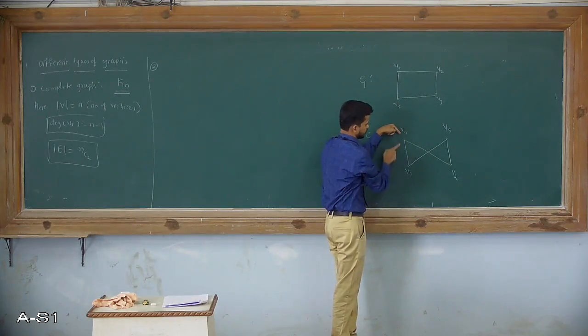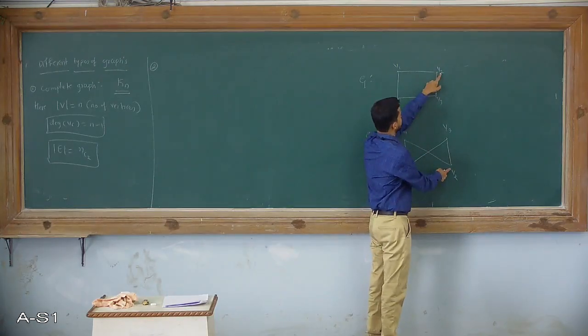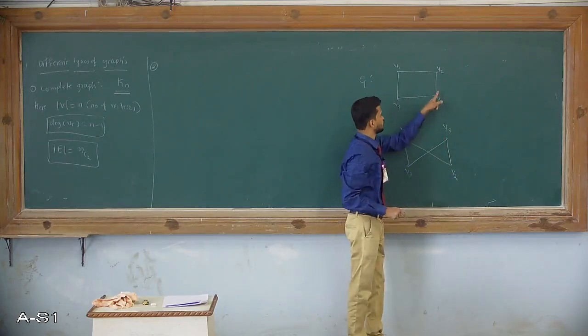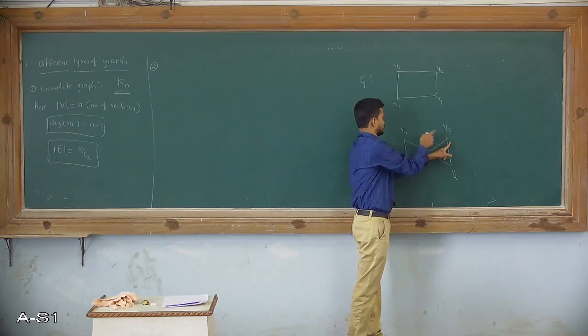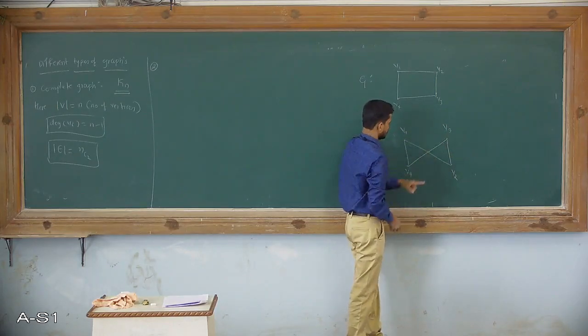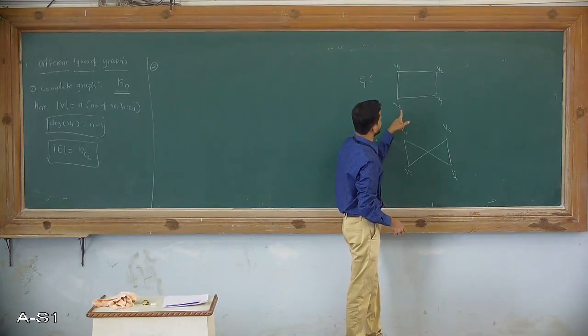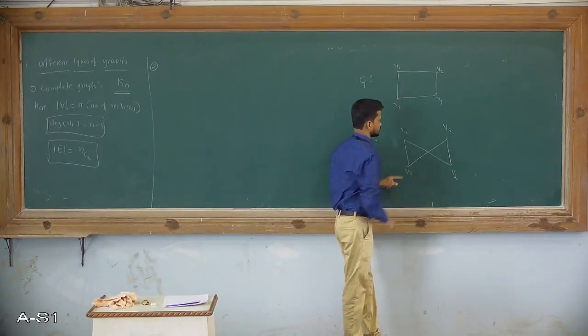V2 is adjacent with V1 and V3. V3 is adjacent with V2 and V4. And similarly, V4 is adjacent with V1 and V3.